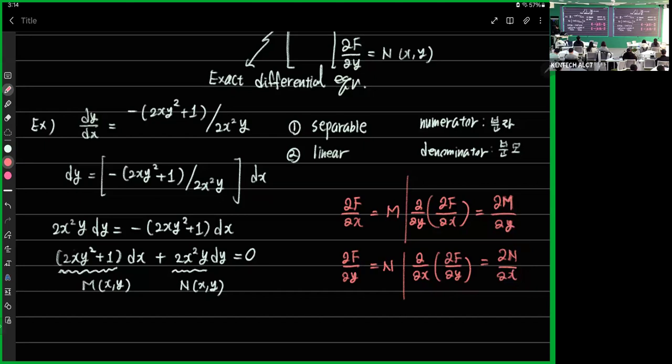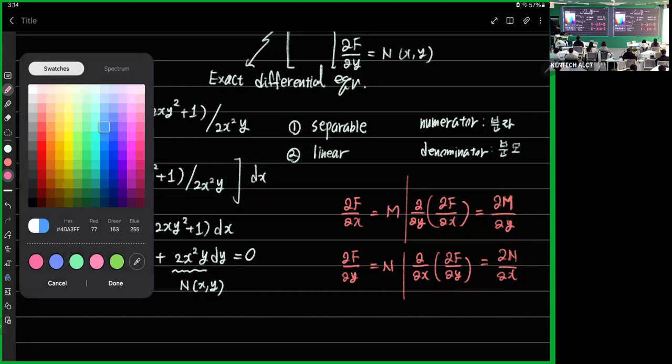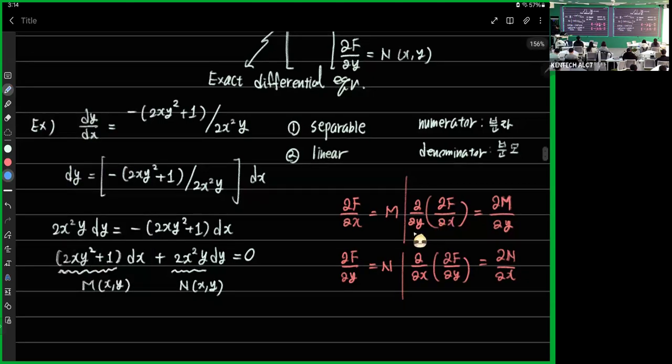Okay, look at the left-hand side. You see, these two are the same, because here we assume that f is continuous, smooth, and differentiable. In multivariable calculus, if f is continuous and differentiable enough, then the order of partial derivatives will not change the result.